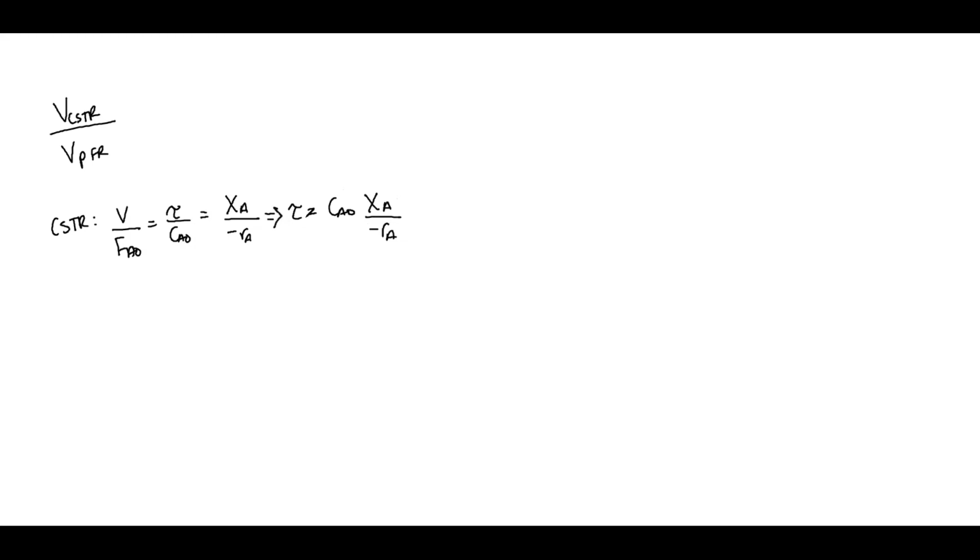And I'm gonna say that if the space-times are equal, then the volumes are equal, right? And this statement is actually valid, it's not an assumption. So if tau CSTR is equal to tau PFR, then basically V CSTR is equal to V PFR, assuming constant density, right?